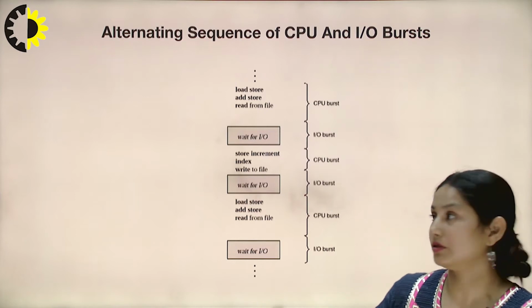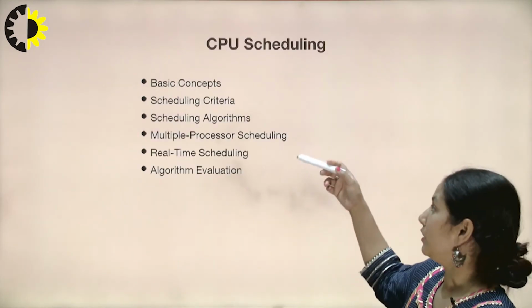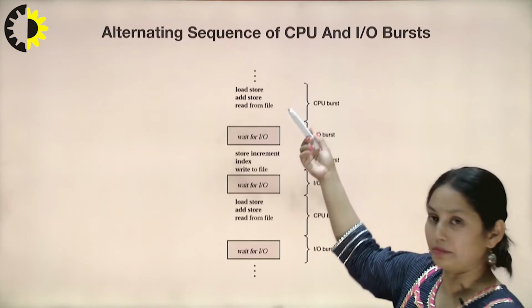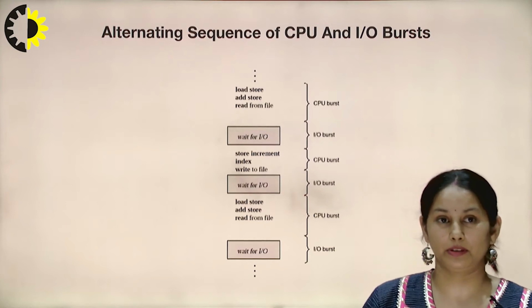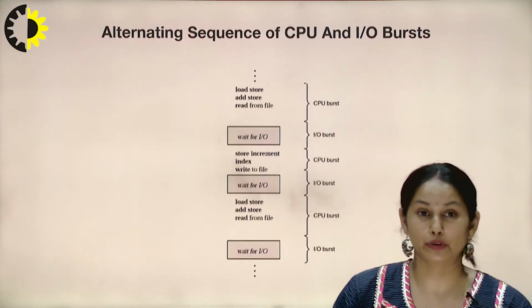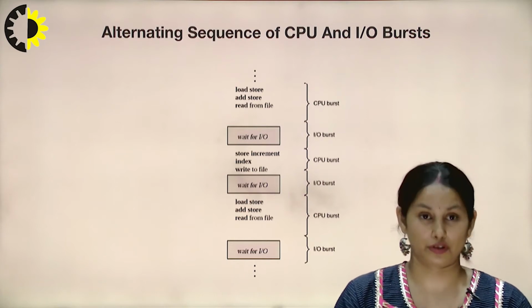So whenever you see the load, the add, the store, and the read from the file, it means it is the CPU burst time. At this time, the CPU is having interaction with the process.